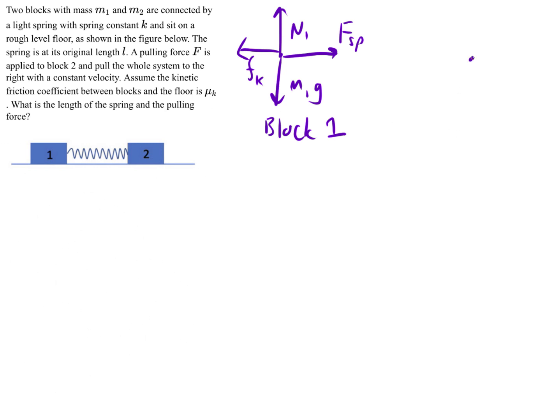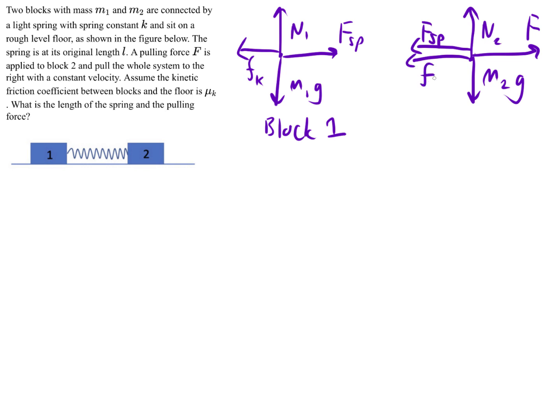And then for block 2, again, we have the normal force and the force of gravity acting on it, but these have different magnitudes because their masses are different. Here we have the pulling force. And then there are two forces pulling it back. You have the spring force from Newton's third law: it's pulling block 1 forward, so it must be pulling block 2 back. And adding on to that, we also have the force of kinetic friction, which is different from that of block 1 because they have different masses. So this is block 2.